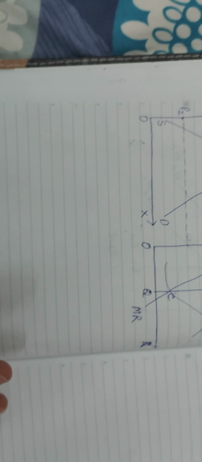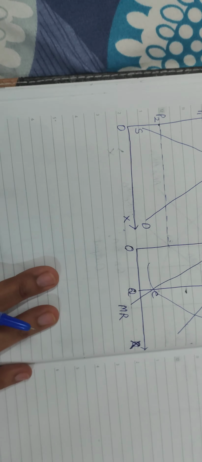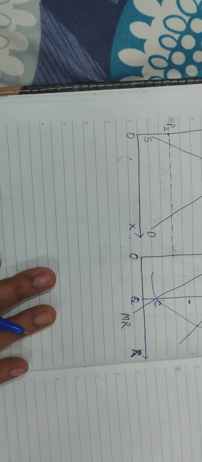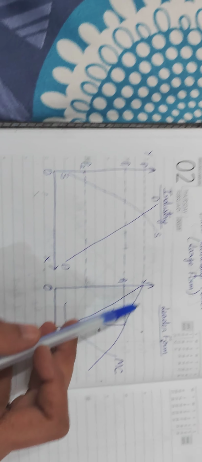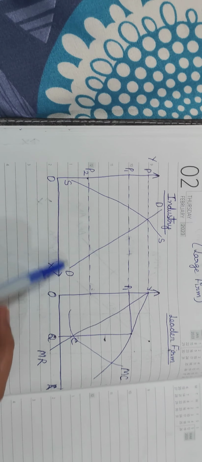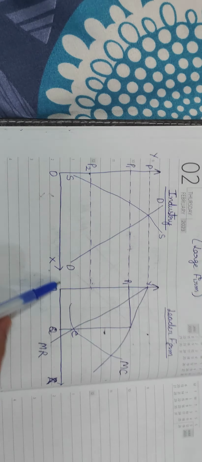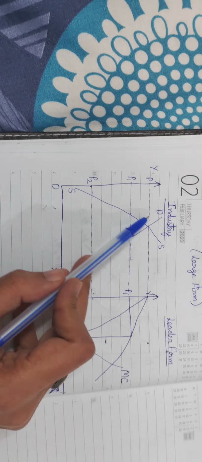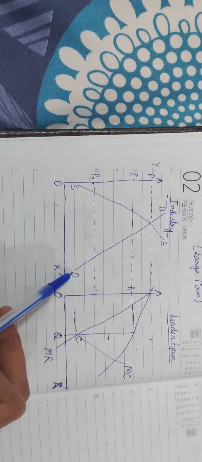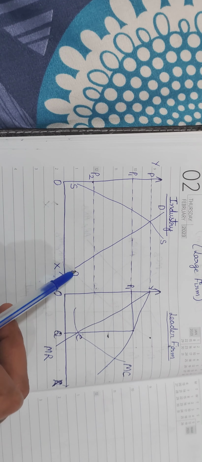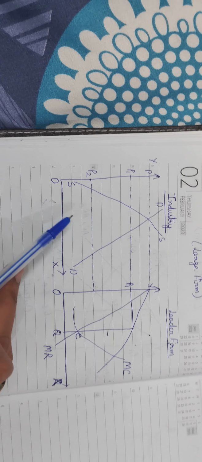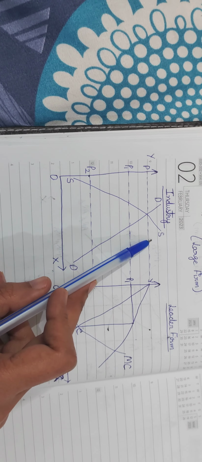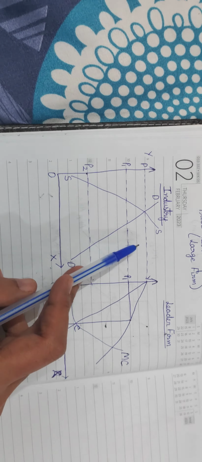Now the leader firm will estimate the market demand for the entire industry. So let's assume this is the demand curve for the entire industry. This is the first graph for the industry and this is the second graph for the leader firm. And let's assume that this is the demand curve for the entire industry and this is the total supply curve of the industry of the smaller firms.